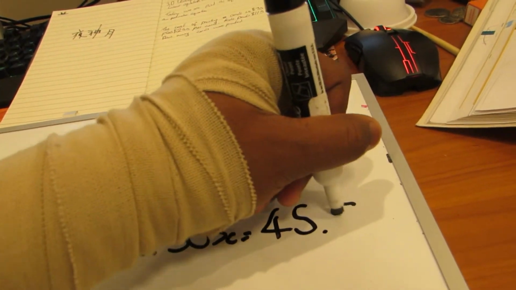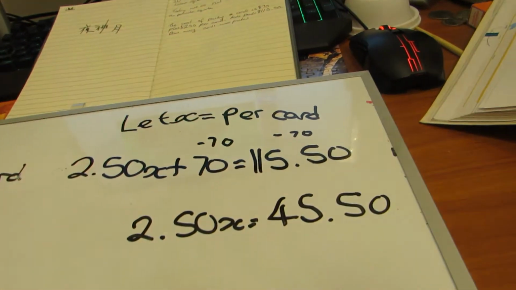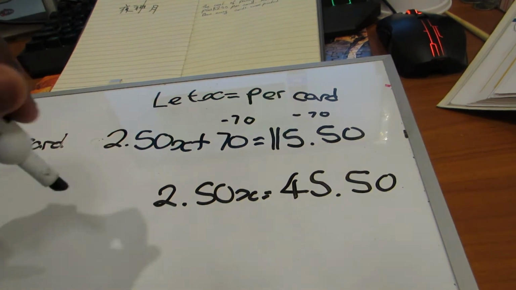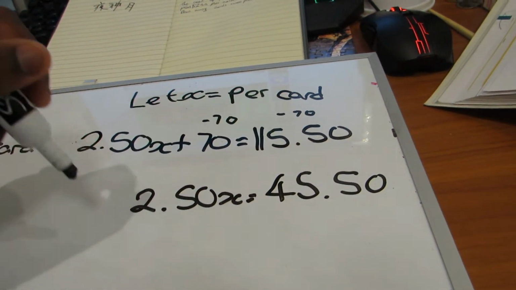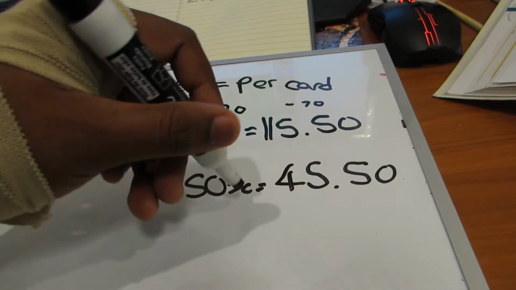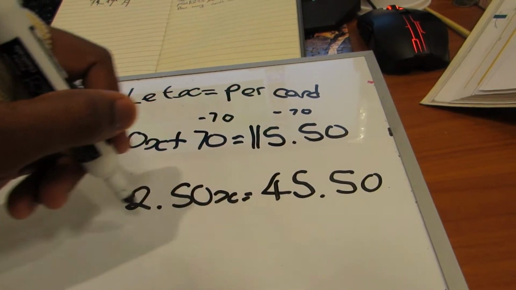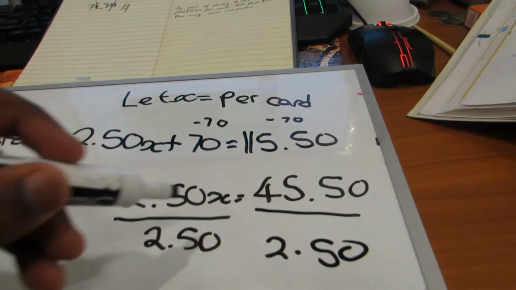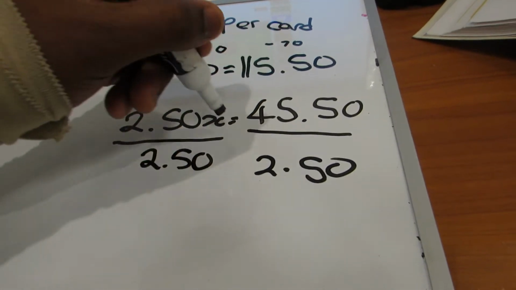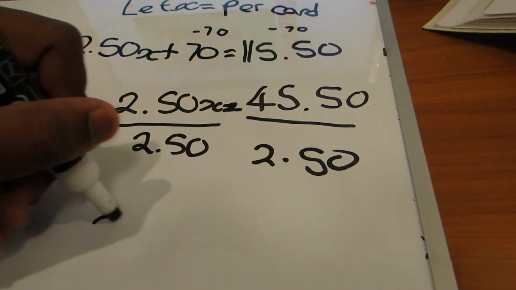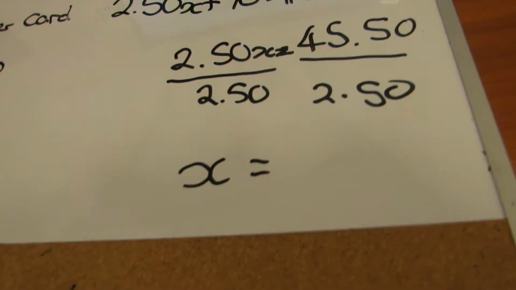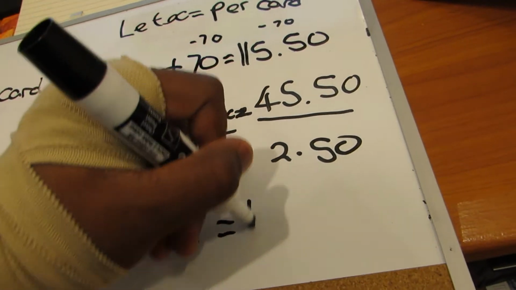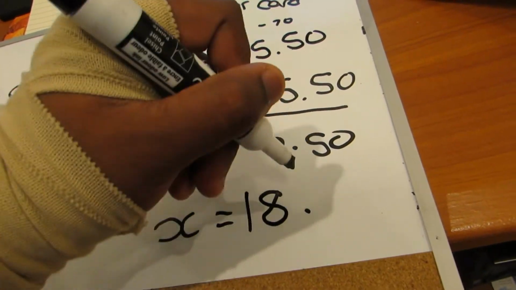$45.50. Next, what you do is you divide each side by 2.50, because remember, you're trying to get x on its own. So then x will equal 18.20.